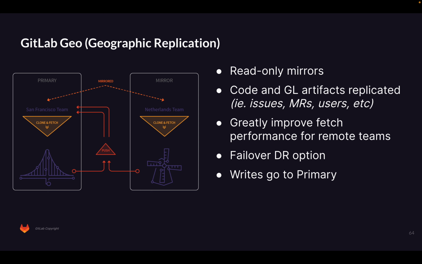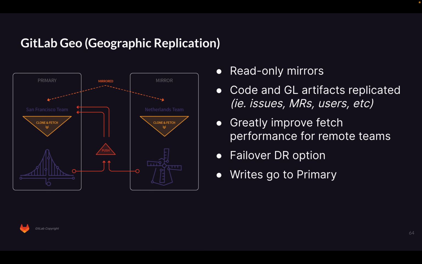So people, for example, in the Netherlands may have much better performance pulling repositories from the mirror site rather than pulling from the primary, which is in San Francisco. But all write operations still go to the primary to prevent any late updates. So you don't want a write operation on a mirror that needs to then be synced with the primary, which takes more time.